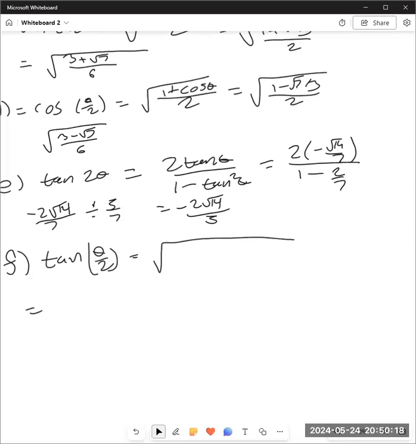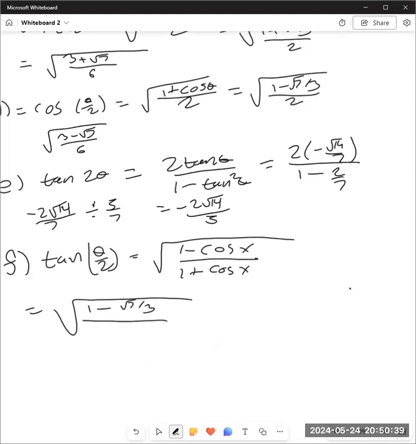I decide that it's going to be positive, and I'm going to use the square root of (1 minus cosine of x) over (1 plus cosine of x). And that's going to be 1 minus, and then cosine was root 7 over 3, and then 1 plus root 7 over 3. Multiply everything by 3 over 3.